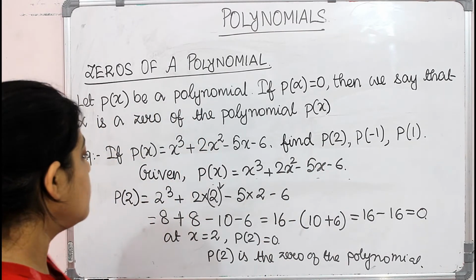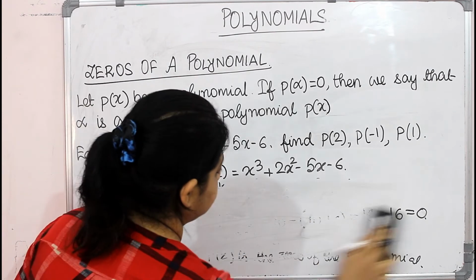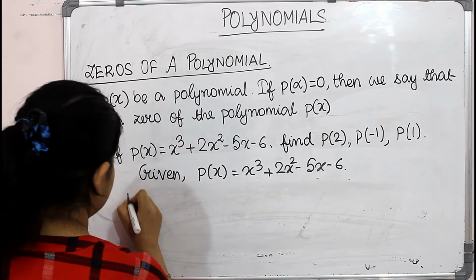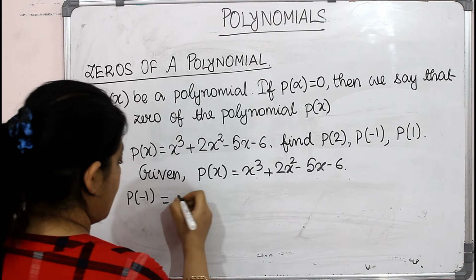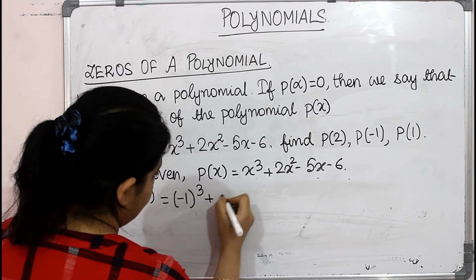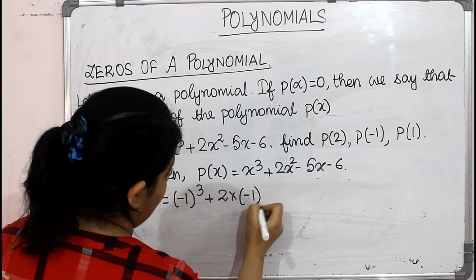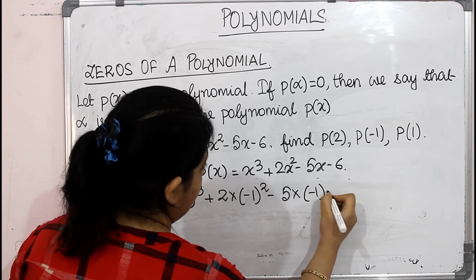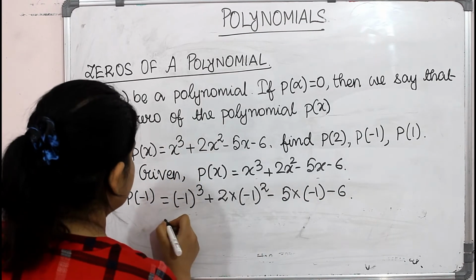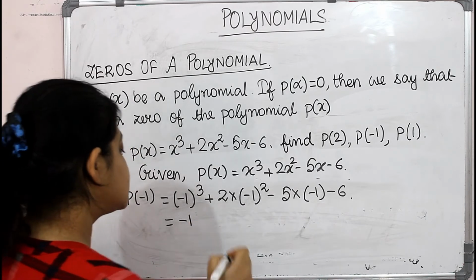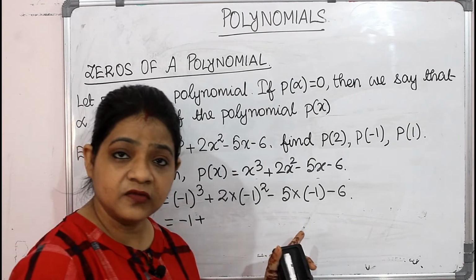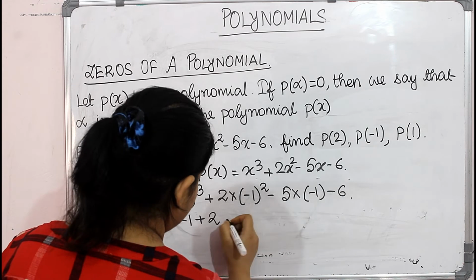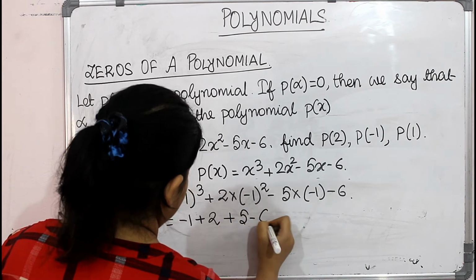Let's move on to p(minus 1). What will p(minus 1) give us? That is minus 1 whole cube plus 2 into minus 1 square minus 5 into minus 1 minus 6. Minus 1 cube is minus 1, plus 2 into minus 1 square is plus 2, minus 5 into minus 1 is plus 5, minus 6.